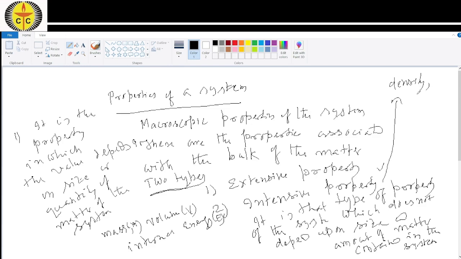Temperature, pressure, hardness, specific heat, refractive index.